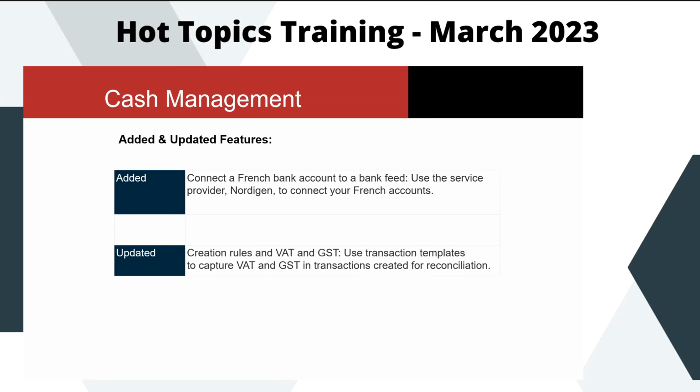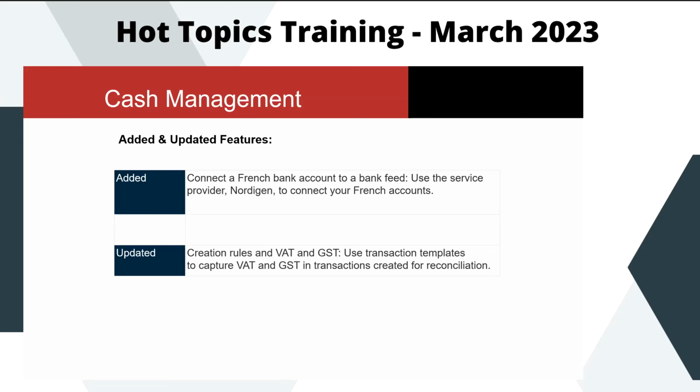Also updated is the creation of rules in VAT and GST. You can use transaction templates to capture that VAT or GST in transactions created for reconciliation. For companies that have VAT or GST enabled, you can now automatically include tax on any journal entries or credit card transactions that were created using a creation rule.